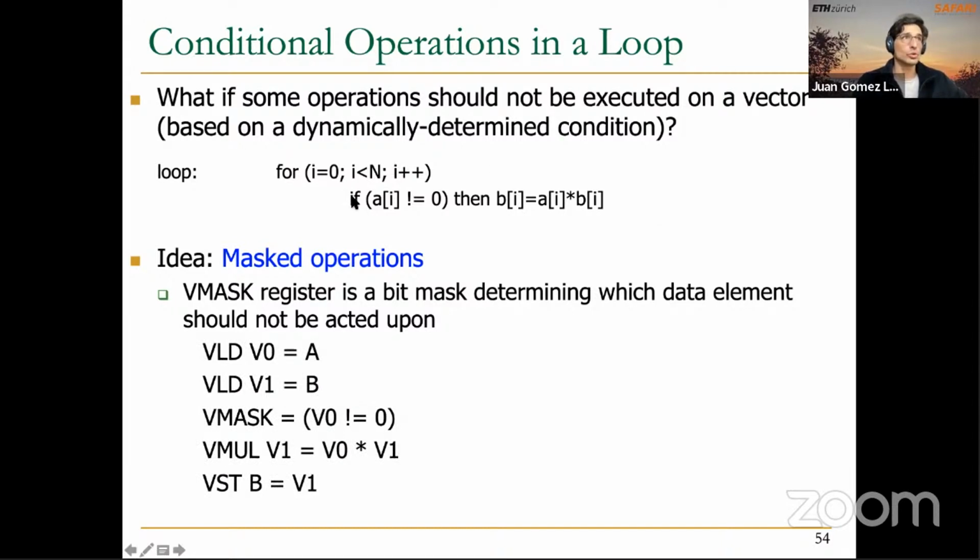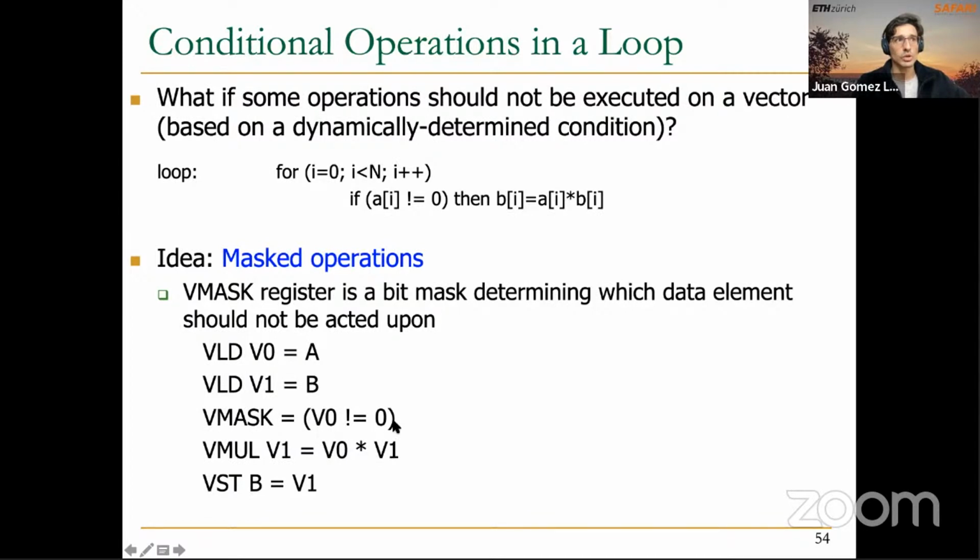In order to implement this simple code with a vector or SIMD code, we would first load the elements from A, and load the elements from B. Now notice that we have to compute the bit mask that will be stored in this VMASK register.